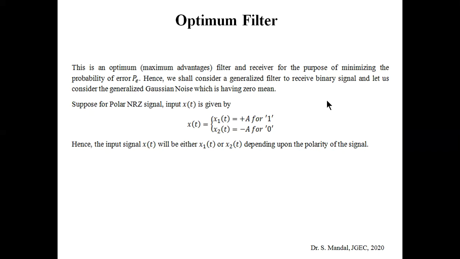So obviously the input signal x(t) will be either x1(t), that means plus A, or x2(t), that is minus A, depending upon the polarity of the signal. Whenever 1 is transmitted we get the positive polarity, and whenever 0 is transmitted we get the negative polarity.